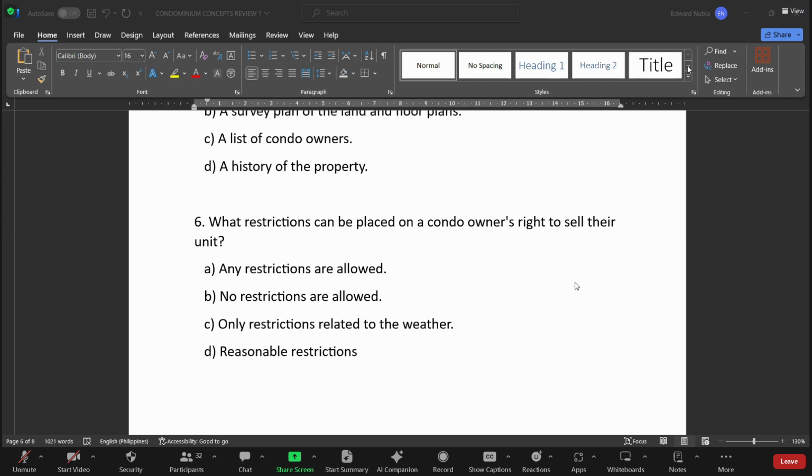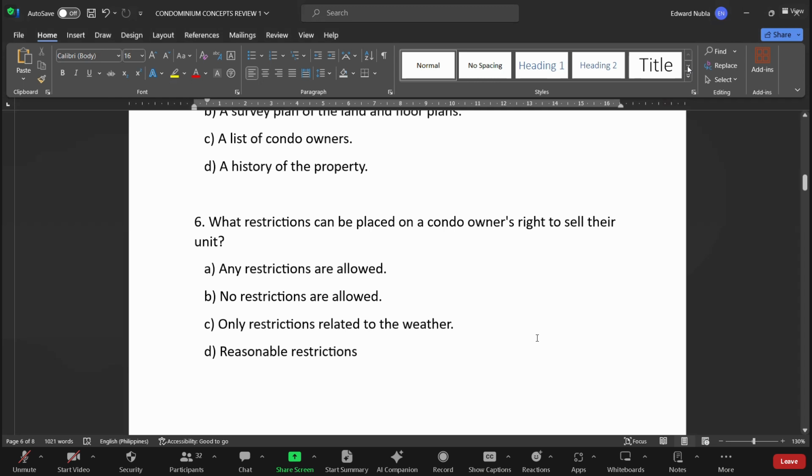C, only restrictions related to the weather. D, reasonable restrictions. Okay.